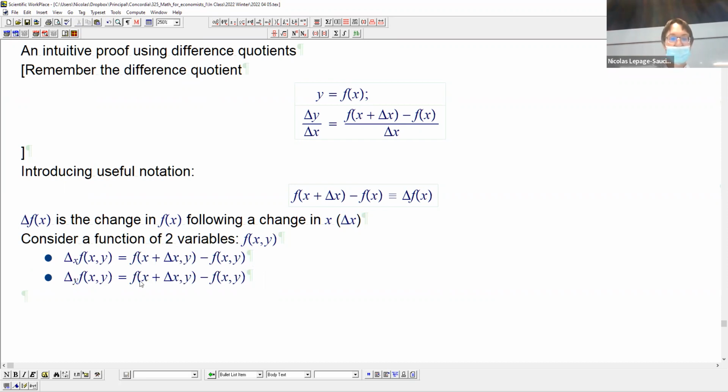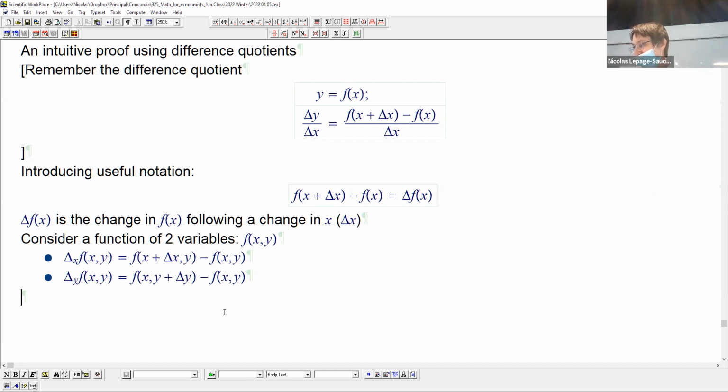And then I start at the same point, f of x y, but now I'm adding delta y here. Makes sense? So this is the most difficult aspect of it. In math, once you introduce good notation, then some things can become super clear. So now we know what's changing, and then we can just evaluate the differences, and you are going to see we get the same thing.